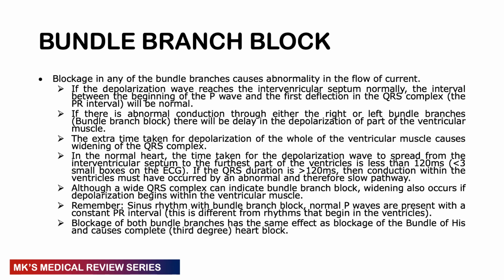If it's coming from the ventricles, or if there's a problem in the conduction system, it may cause your QRS complexes to become broad. So remember that there can be a blockage in any of the bundle branches, whether the right bundle branch or the left bundle branch, and this will cause an abnormal flow of the current, which we can pick up on the ECG.